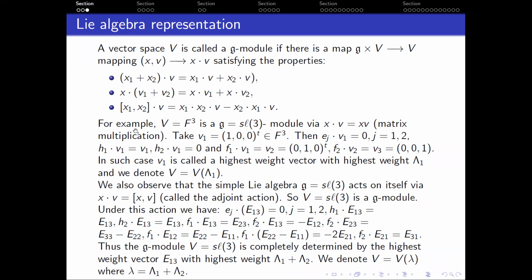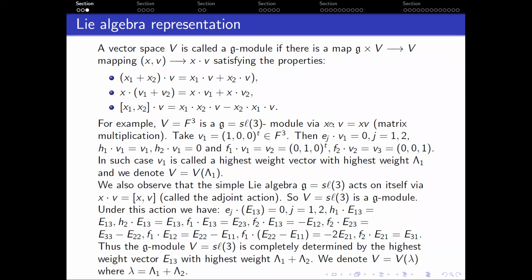Now, in this particular example, let's take the Lie algebra SL3 and the three-dimensional vector space F3 of column vectors, and take V1 to be (1, 0, 0). Here the action is just matrix multiplication.